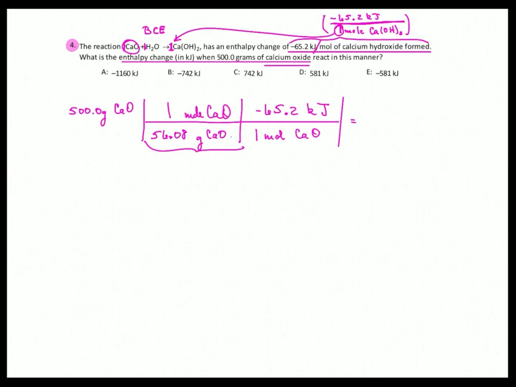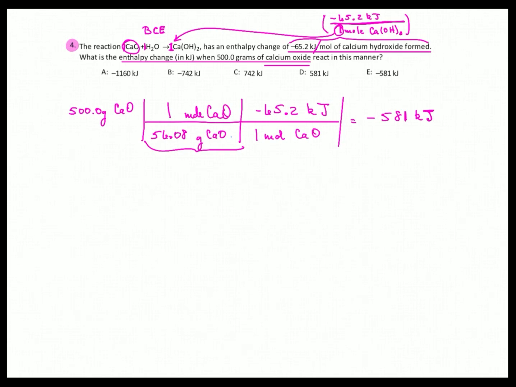So that will allow me to say that there's a negative 581 kilojoules involved when 500 grams of calcium oxide reacts in that reaction.